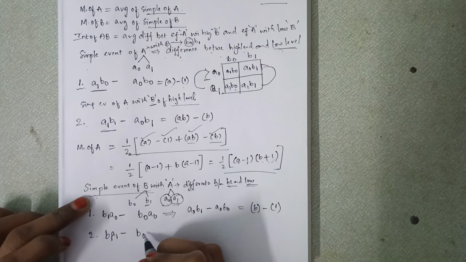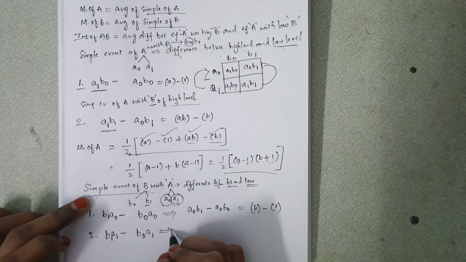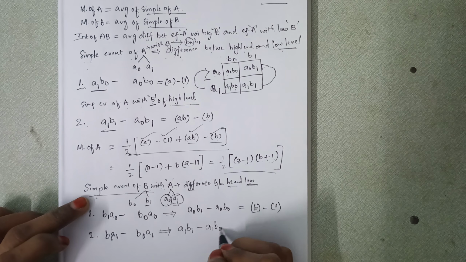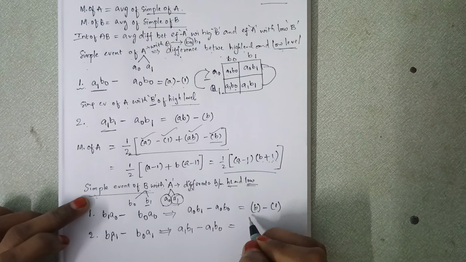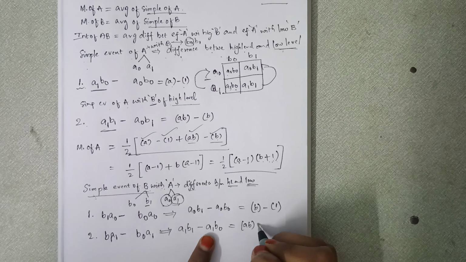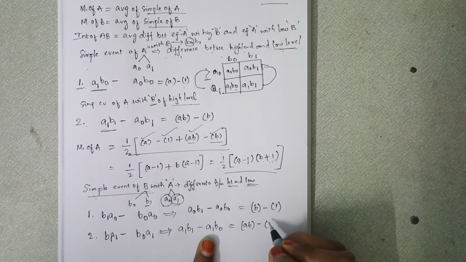So A1, A1. Simply we can write it as A1 B1 minus A1 B0. And we only mention the high levels. So these both are high levels. AB minus, and A is the high level.